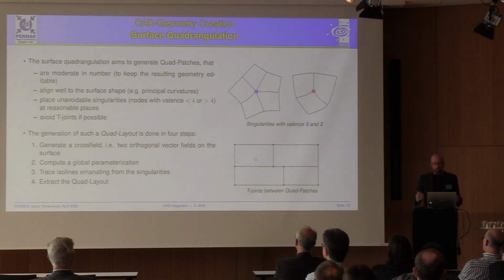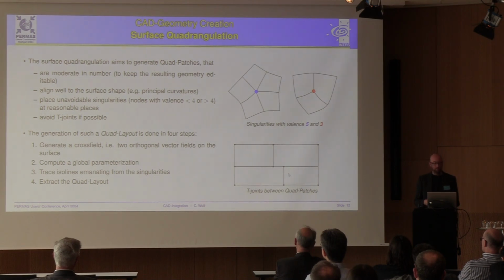Then, like an engineer would do, we want to align the patches well to the surface shape, especially the principal curvatures. And then we need to place unavoidable singularities that occur in such a quad layout. These are nodes where fewer or more than 4 patches meet, like here on the right side, you can see this. They need to be moved to reasonable places. And then we want to avoid, as far as possible, the occurrence of T-joints, as you see here below. So the generation of such a quad layout is done in 4 steps.